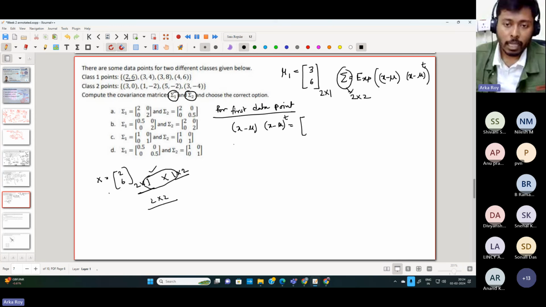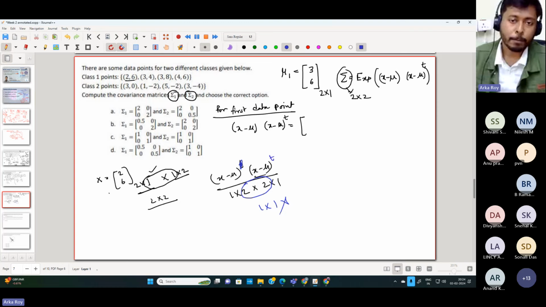Had I not done that, that means if I had taken x minus mu transpose times x minus mu, the dimension of the transpose would be 1 cross 2, and x minus mu has dimension 2 cross 1. So the output in this case would be 1 cross 1. That means this is the wrong output. So I need to take the transpose over here, not here.